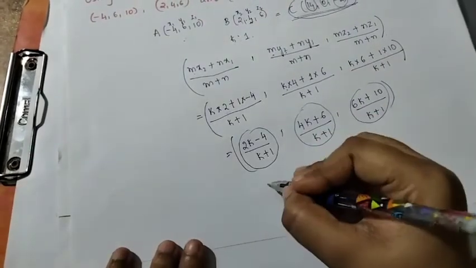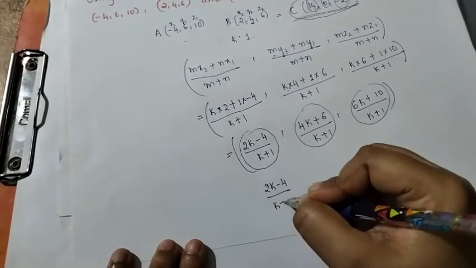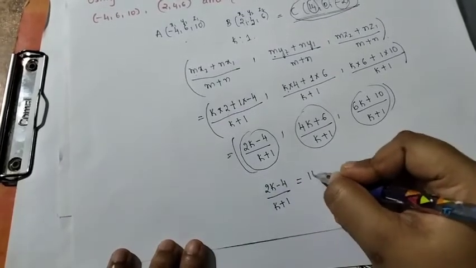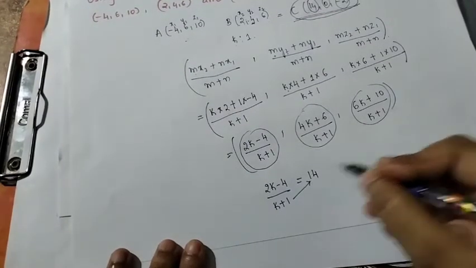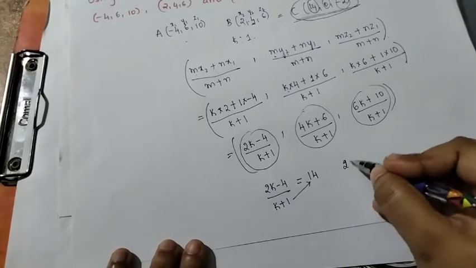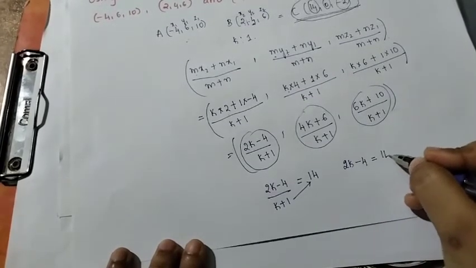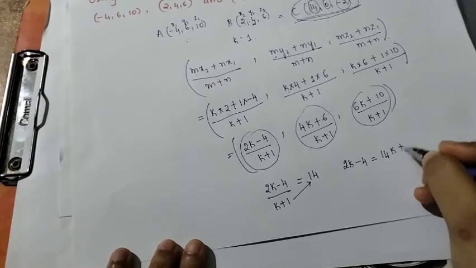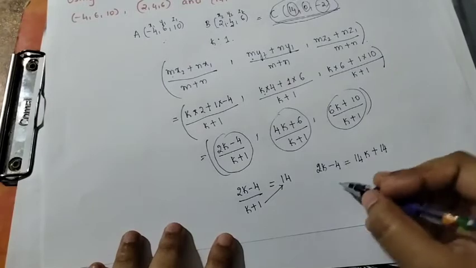First one, I will take the identity. 2k minus 4 divided by k plus 1 is equal to what I have to take? It is 14. Okay, so k plus 1 goes this side. 2k minus 4 is equal to what? 14k plus 14. Correct? So take this 14 on this side.